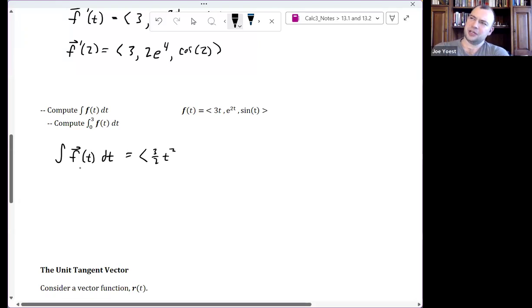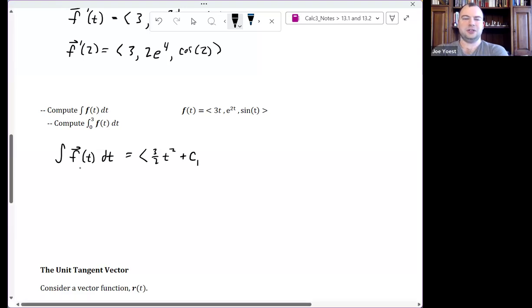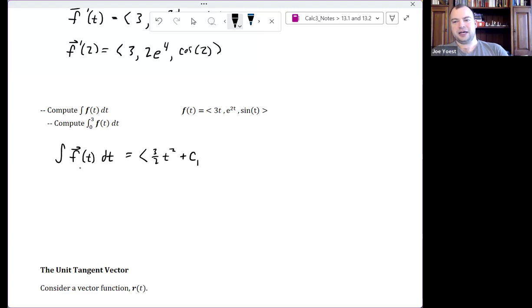And there's a couple ways that I can approach this next bit, but I'm going to really think in terms of doing Calc 1 3 times, and I'm going to say, plus something like C1, some arbitrary constant that's associated with the first component. So I'm going to call it C1 in anticipation that I'm going to have another arbitrary constant for the second component and another one still for the third component.